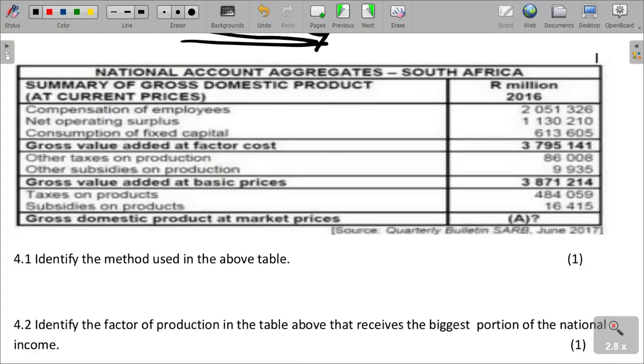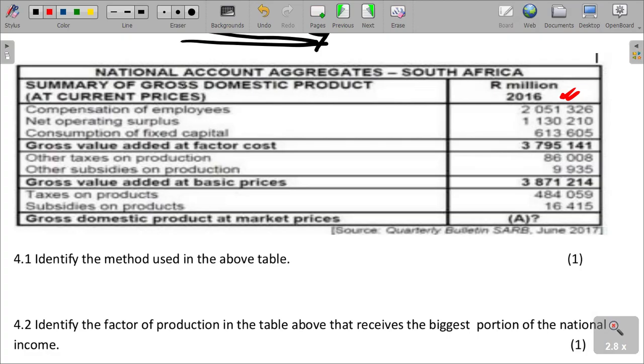So we go to the next question, which identifies another national accounts aggregate in South Africa: a summary of gross domestic product, in millions, in 2016. We have compensation of employees and net operating surplus, consumption of fixed capital.